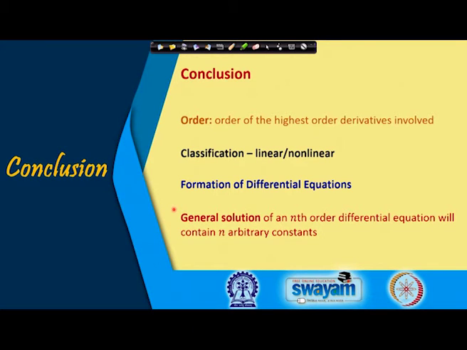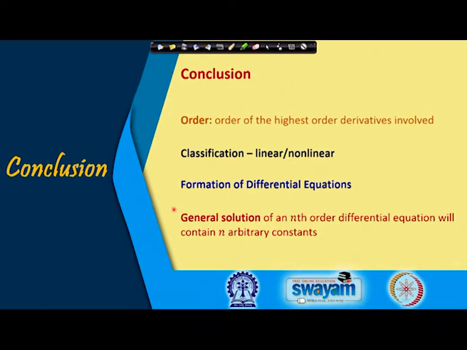There we have to keep on differentiating this n parameter family of curves n times, and then from the set of n plus 1 equations, we have to eliminate these parameters, and then we will get a relation of the dependent variables, independent variables and their derivatives, which is the differential equation.